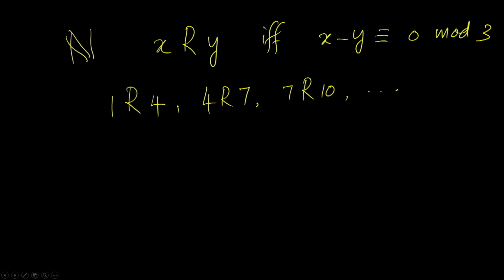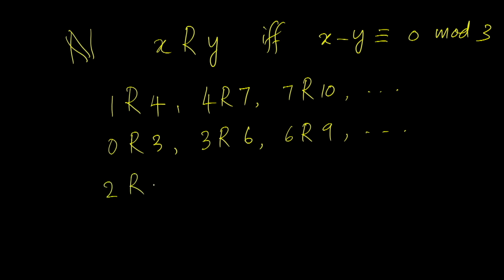These are all 1 mod 3: 1, 4, 7, 10 etc. Similarly, 0 R 3, 3 R 6, 6 R 9 and so on. So, since 0 R 3 and 3 R 6, by transitivity 0 R 6 as well. We also have 2 R 5, 5 R 8, 8 R 11 and so on.